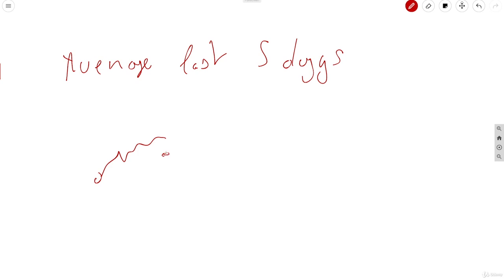For instance, the MA5 price is going to be here up, and at day 6 it's going to be the average of everything, which means it's going to be a little bit higher. At day 7, you have this day where you had a down, which means the average is going to be a little bit lower, etc.